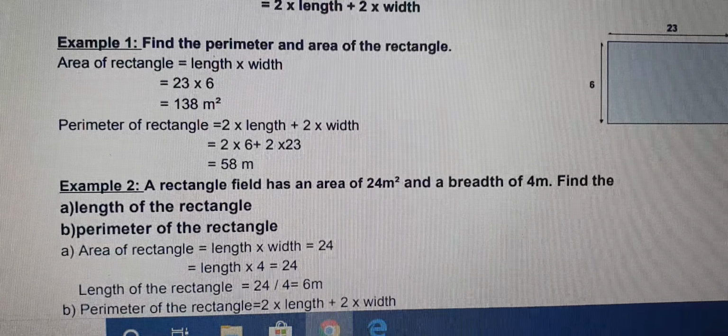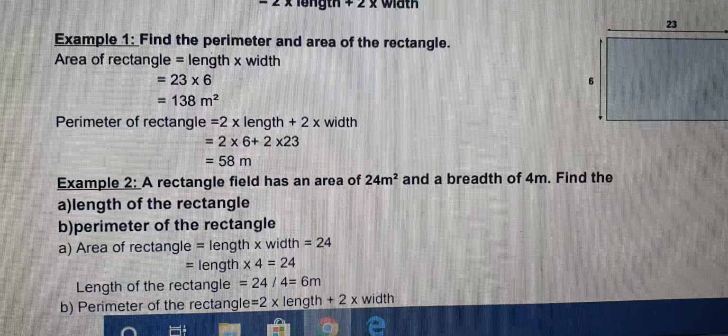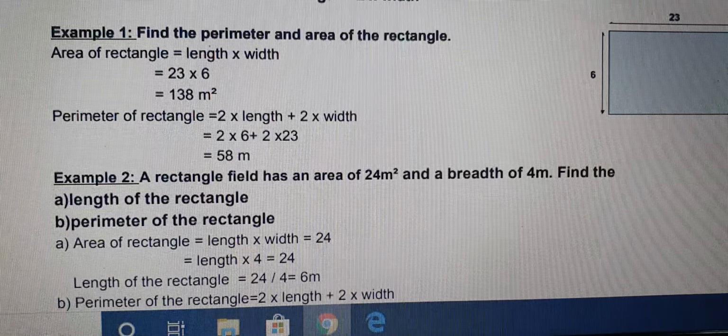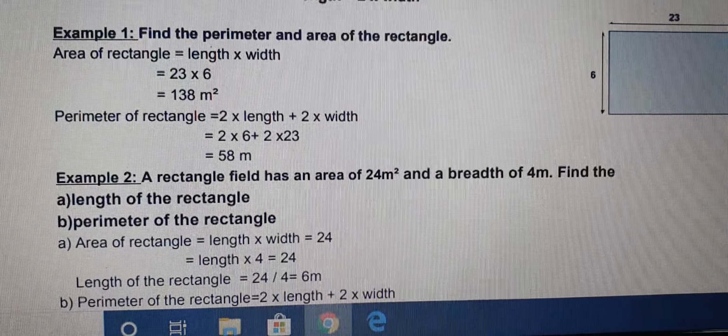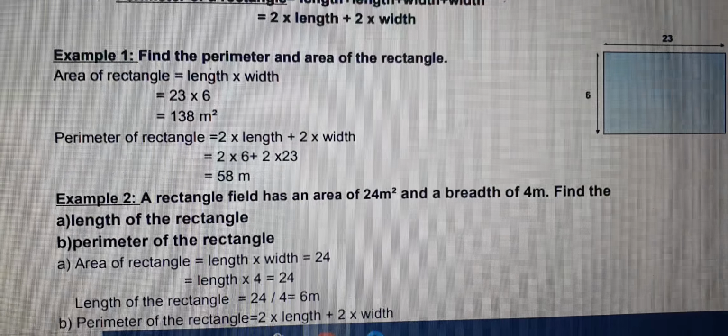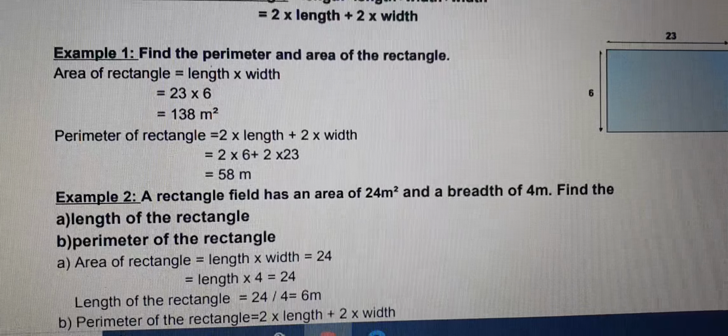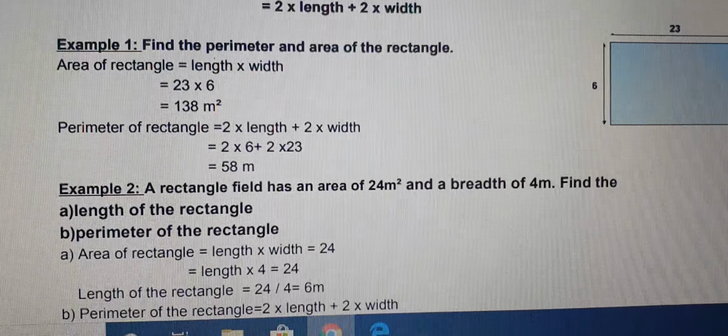So area of rectangle equals 138 meters square. Perimeter of the rectangle equals 2 into length plus 2 into width, that is 2 into 6 plus 2 into 23, that is 58 meters.